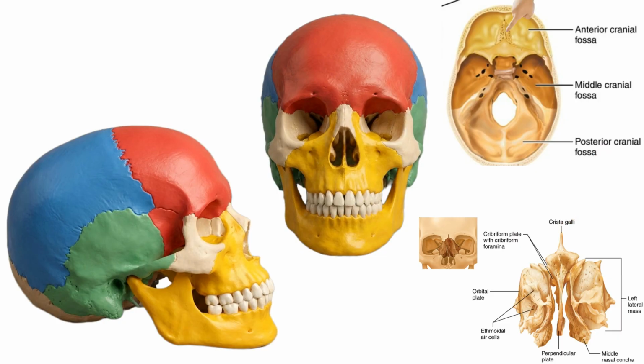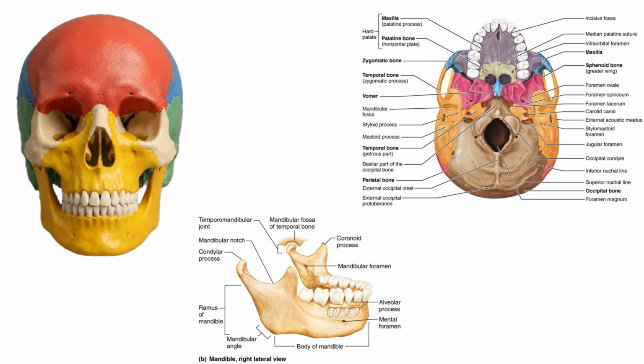Cribriform plate. Perpendicular plate. Superior and middle nasal conchae. Facial bones. First, the maxillae. It features the alveolar margin, the palatine process, and the incisive fossa.